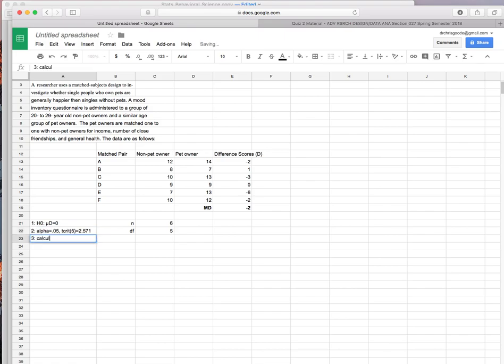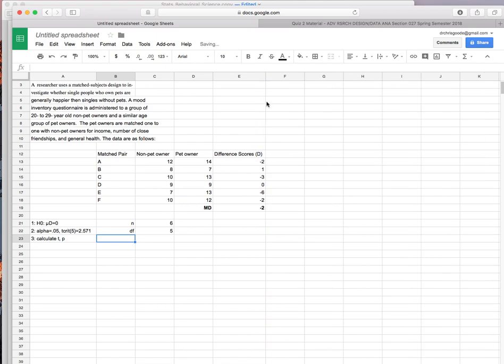Next is calculate t, and the first thing we need to get is the sum of the squared deviations of these difference scores from the sample mean difference score. So we're going to subtract the mean to get deviations. Now don't get confused, deviations are not difference scores.